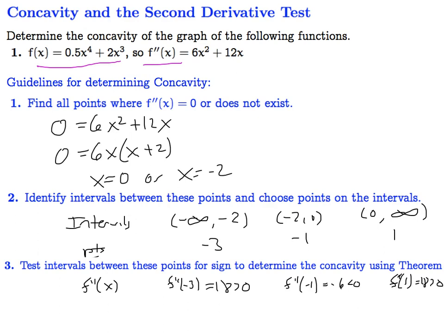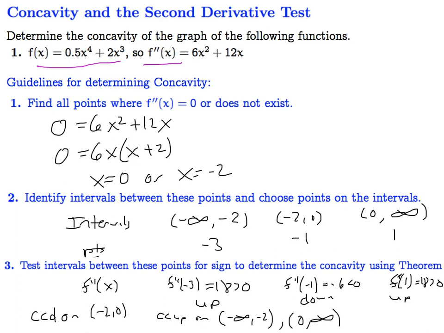So what this tells me is where I'm concave upward or concave downward. This means I went from concave up to down to up, and I can write this nicely. Concave down on the interval negative 2 to 0, and concave up on negative infinity to negative 2, and also from 0 to infinity. And that's my final answer for where I'm concave up or concave down.